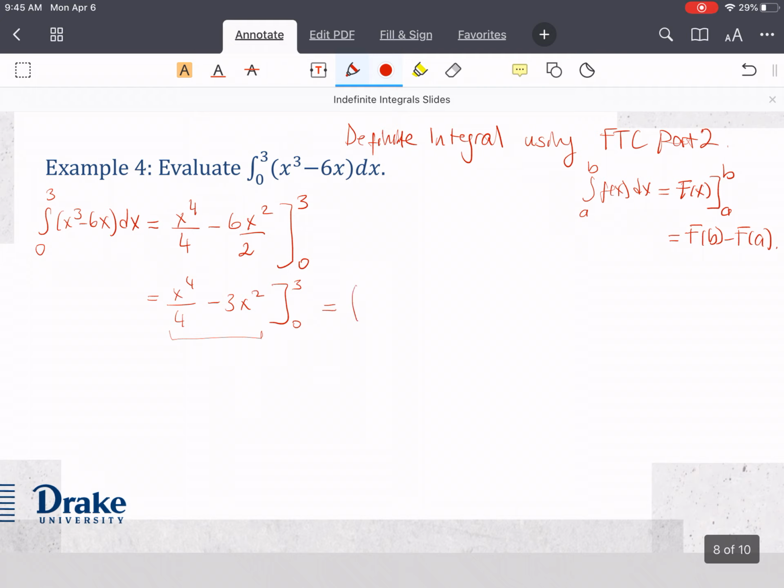So that'll look like 3 to the 4th over 4 minus 3 times 3 squared. That will be F of 3.